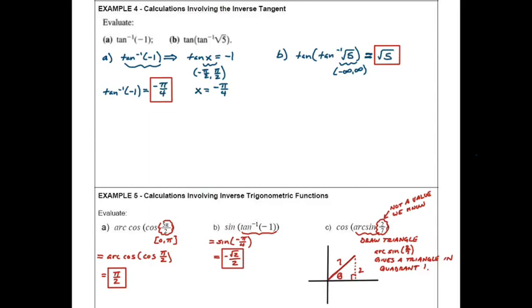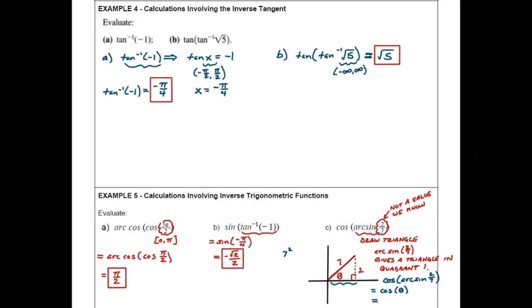So now if I think about the original problem I was trying to evaluate, cosine of arcsine of 2/7 is really asking me for cosine of the angle that gives me this triangle. And again, I don't know what the angle is, but I now have a triangle, a context for which I can evaluate cosine.